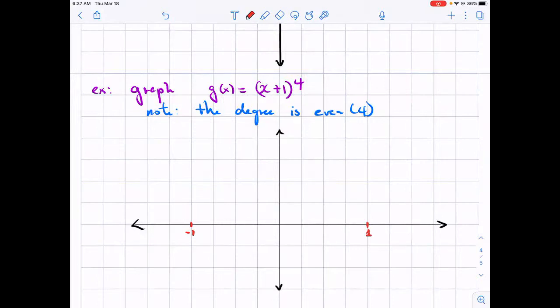If you graph this, our graph would look very similar to this.